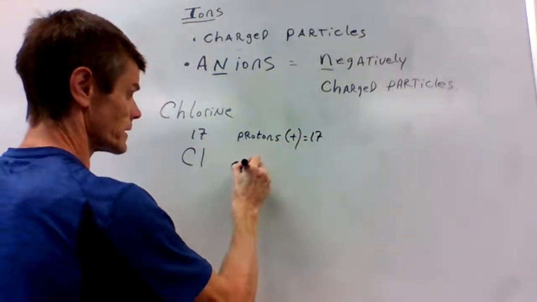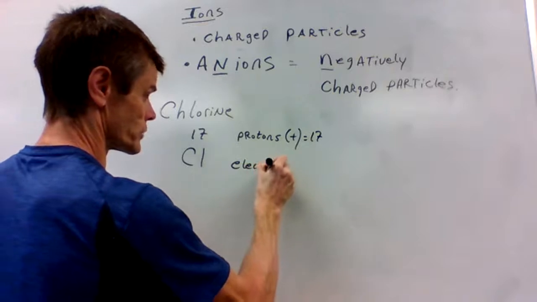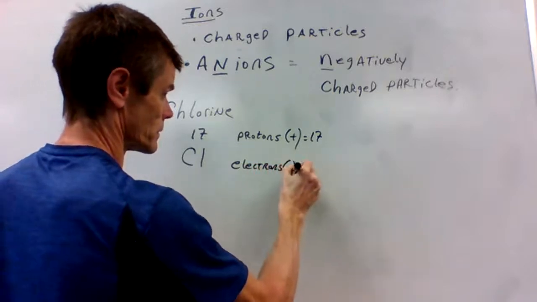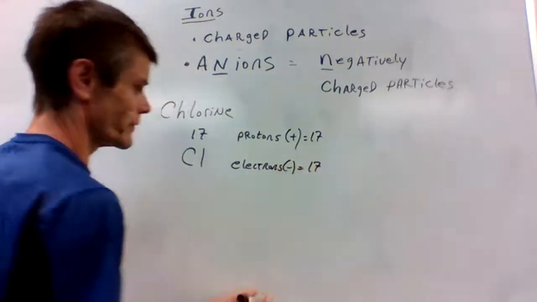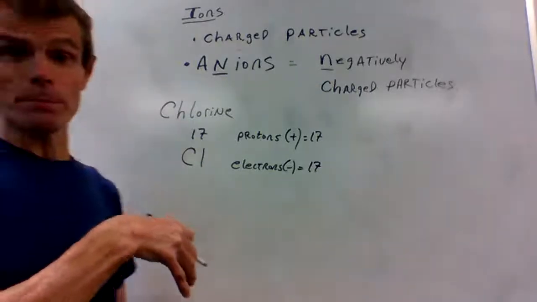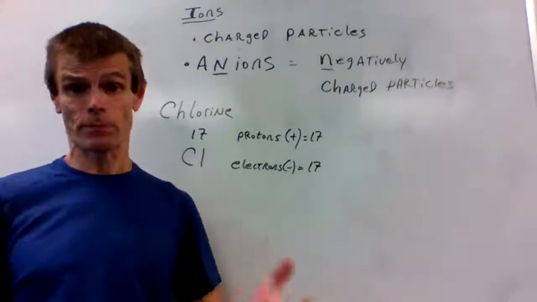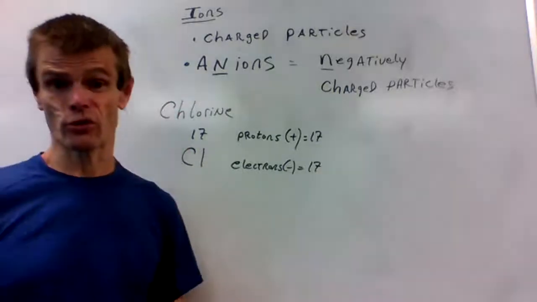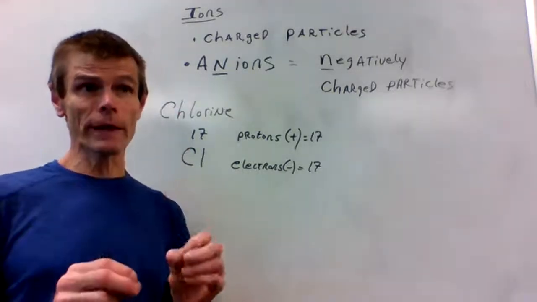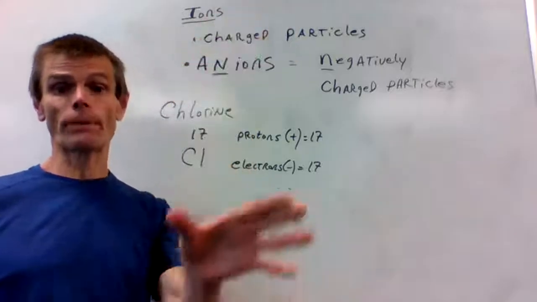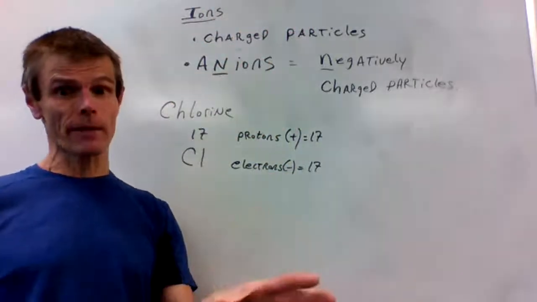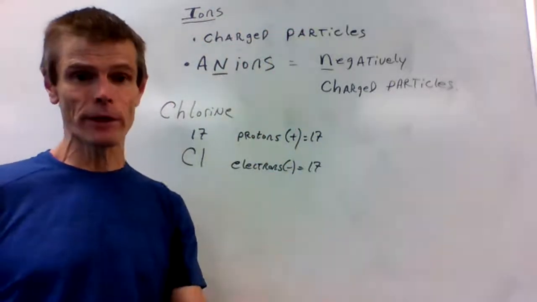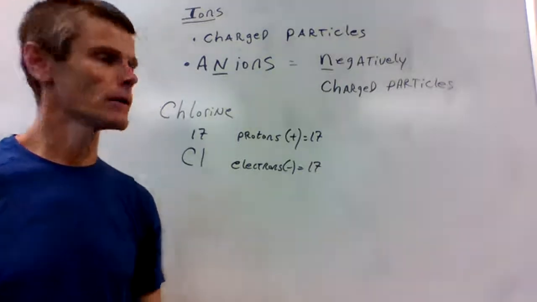It has 17 electrons, which are negatively charged species. Since we have an equal number of positively charged and negatively charged particles, we have a neutral atom. Again, we'll learn more about where chlorine is positioned in the periodic table and how we can make predictions a little bit later.